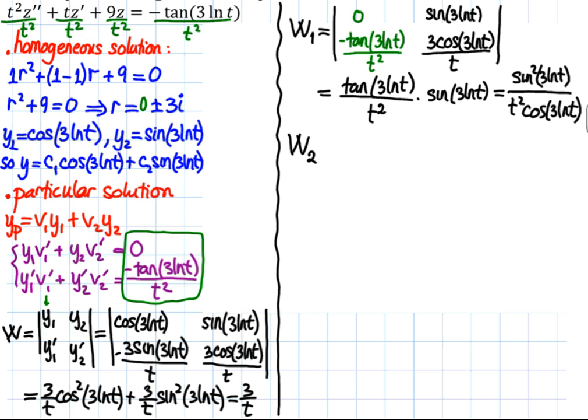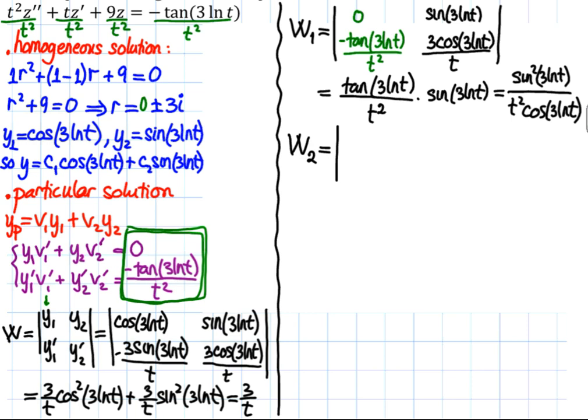W2 is going to be equal to, instead of the second column, the right-hand side.